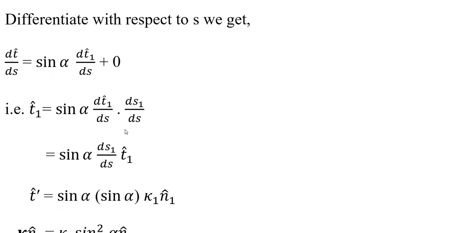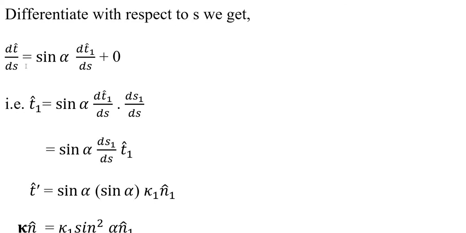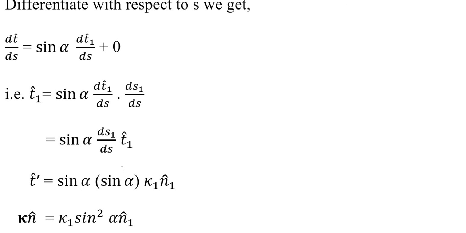Again we differentiate with respect to S: dt cap by ds equal to sin alpha into dt1 by ds into ds1 by ds. That is equal to sin alpha into ds1 by ds into t1 dash. That is, t dash equal to sin alpha into, we substitute this value in this equation.